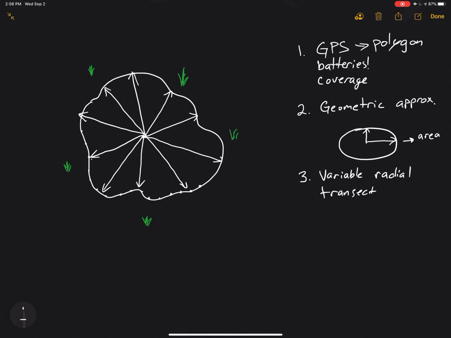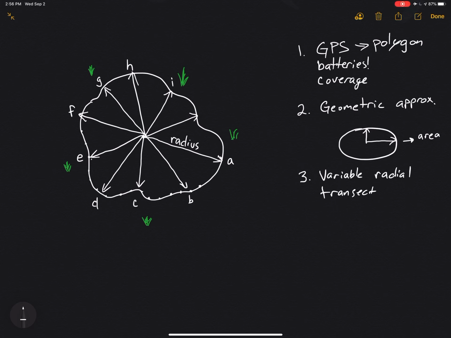So for each one of these radii, we're just measuring two things, and I'll label each one so we can kind of track it as we go. This first one is going to be radius A, B, C, D, and so on. In this case, clockwise, although it doesn't particularly matter which way you go as long as you're recording them in order.